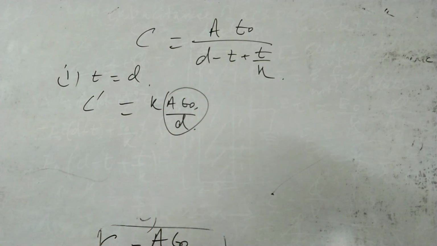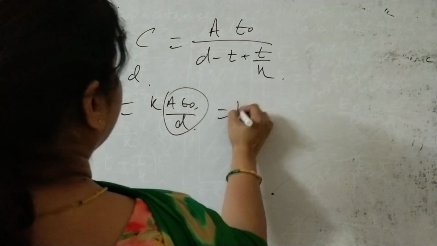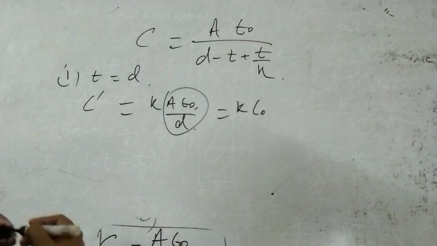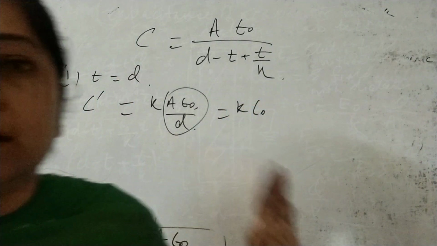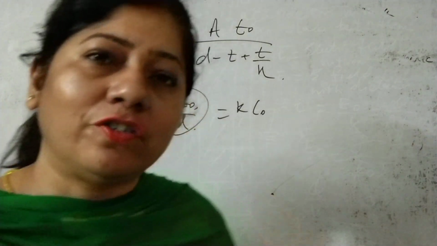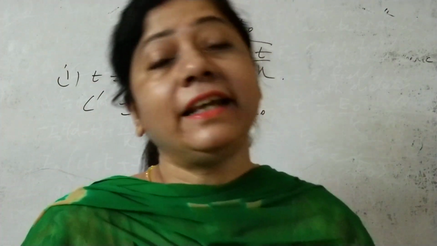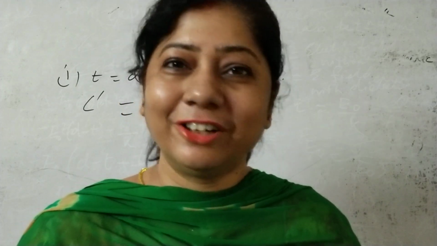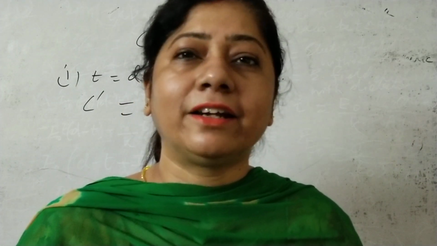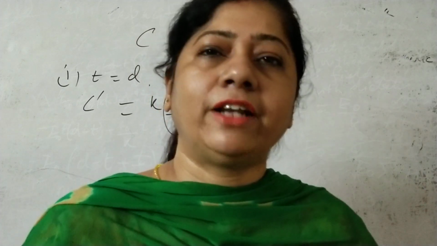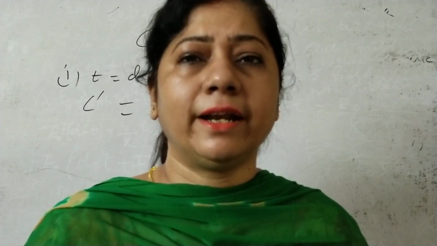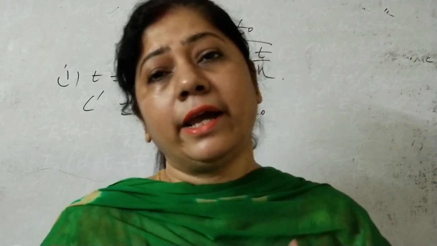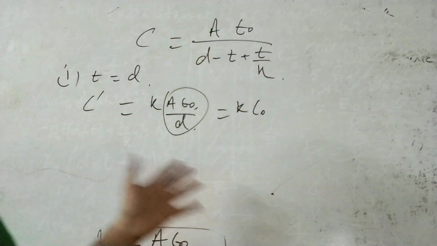If you remember the last class, that is K times C naught. So the capacitance of the capacitor increases K times the original one. Whatever the value of the dielectric constant, you multiply it with the original capacitance, which you calculate as C equal to A epsilon naught by D.